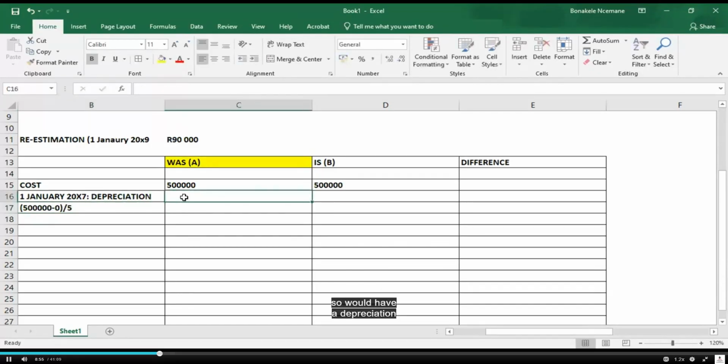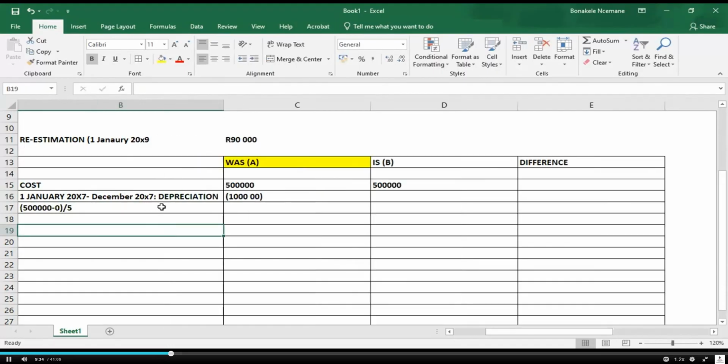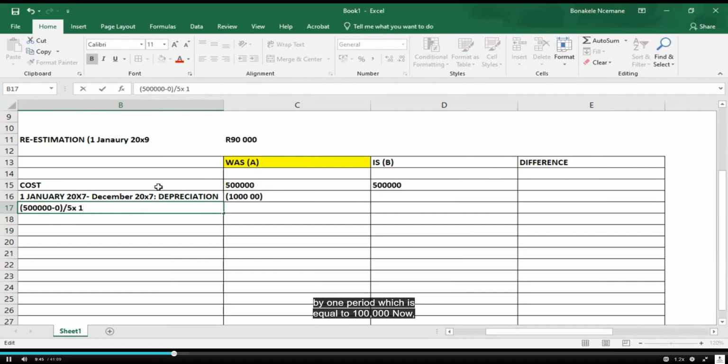We would have a depreciation of 100,000, and that depreciation relates to the period of 1 January 20X7 to December 20X7, because it is multiplied by one period, which is equal to 100,000.